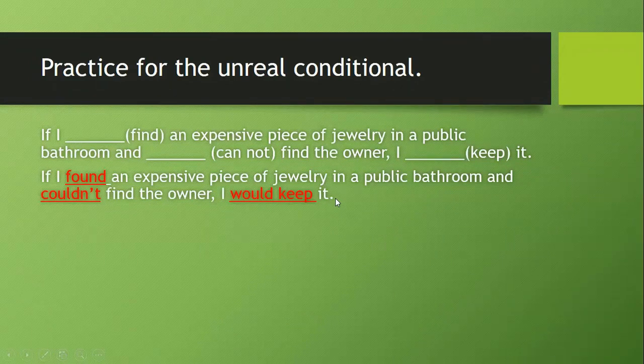This is an ethical choice, because you know it is very expensive. This is an expensive piece of jewelry, and it is from someone else, and you find it in a bathroom, right? Then you have to check it, okay? But in this case, this is the statement: if I found an expensive piece of jewelry in a public bathroom and I couldn't. Why couldn't? Because could is the past of can, and we have the negative statement. So I could not, or I couldn't find the owner, I would keep it. Okay?